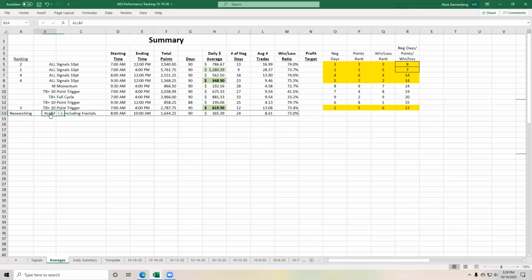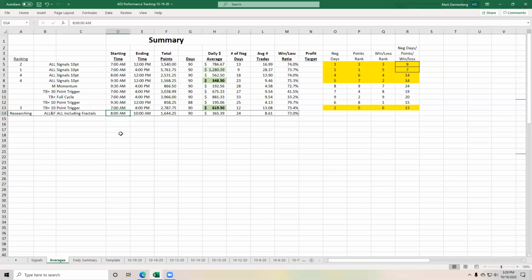If you decided you wanted to trade only the trend bias and continuation, it's $180 a day from 8 to 10. That's just those two signals. So there's a variety of ways that we can sort this for you.